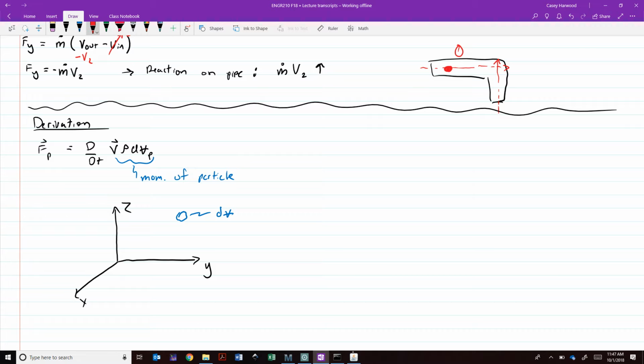And we could write its location in terms of an x component, a y component, and a z component. And we would represent that as a vector r, so x_p i plus y_p j plus z_p k.